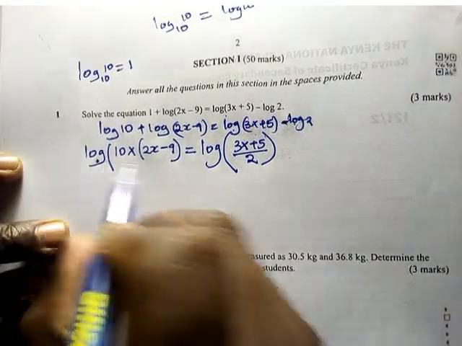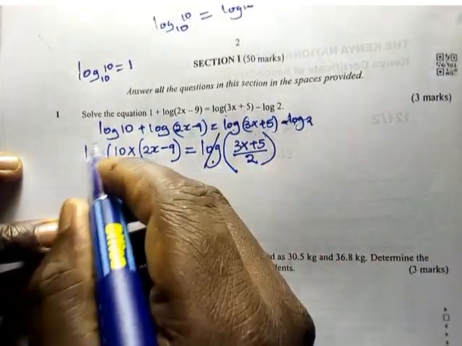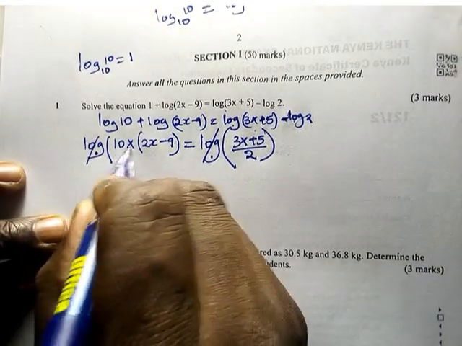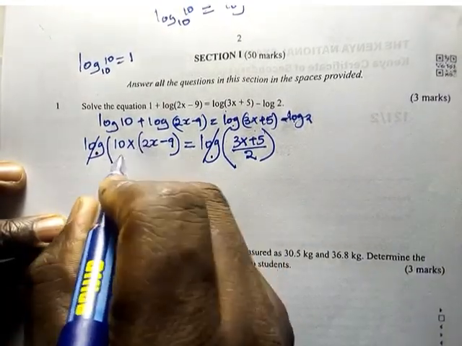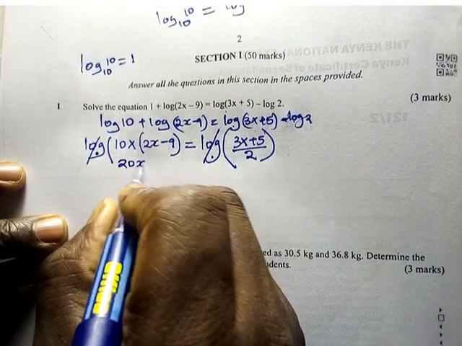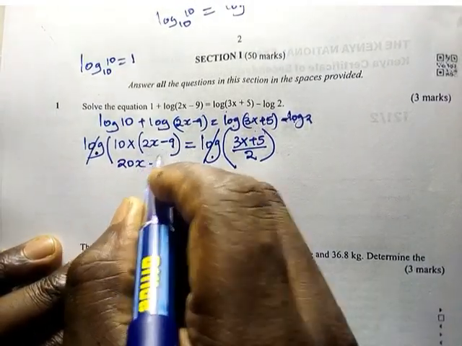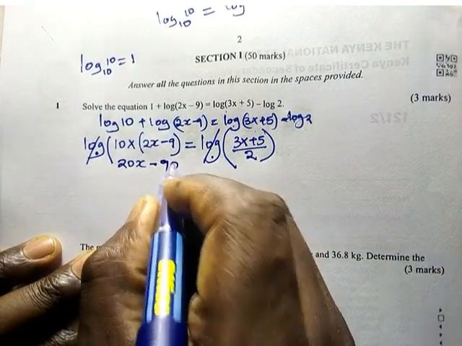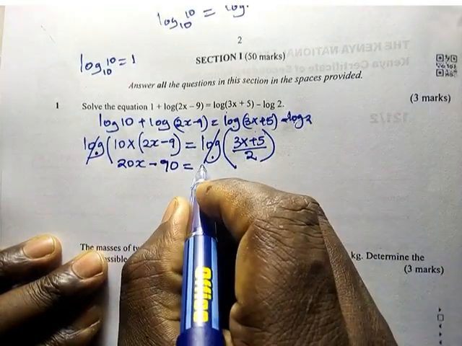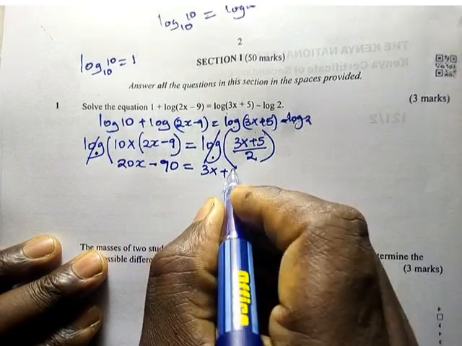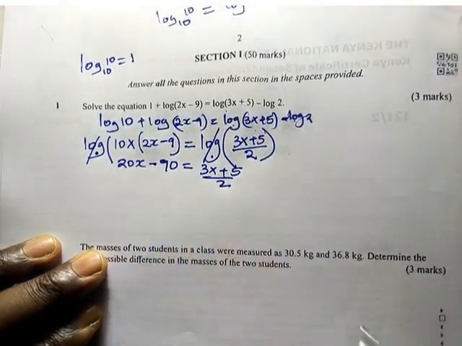Now since log and log are the same, we cancel them. We will have 10 times 2x, which is 20x, minus 10 times 9, which is 90, is equal to (3x plus 5) divided by 2.